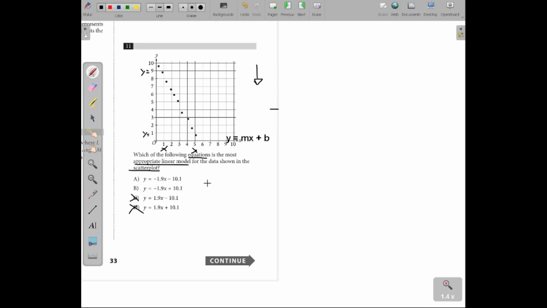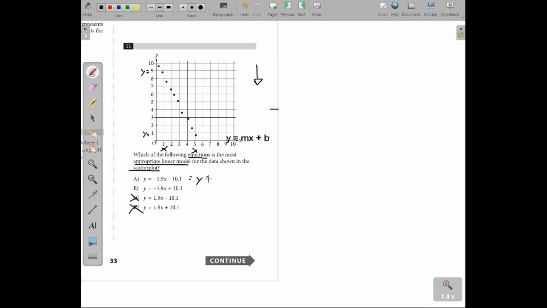Now, we could use this formula to find the y-intercept and see which point, of course, if we see the scatter plot, we know that we are in the positive side.